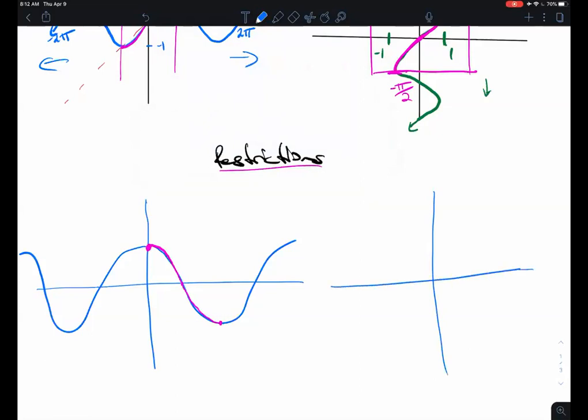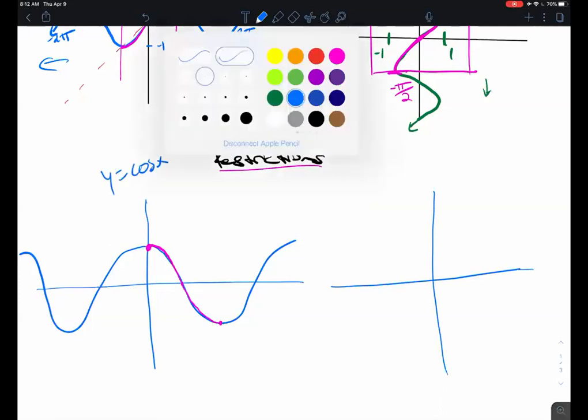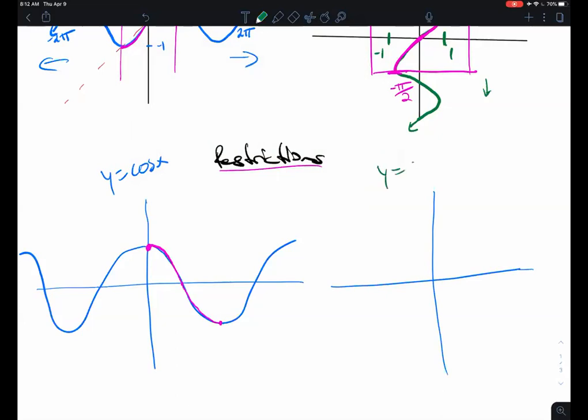My inverse, so if this is y equals cosine x, y equals cosine inverse of x is only going to exist in the first and second quadrants, as evidenced over here, right? That's Q1 into Q2.